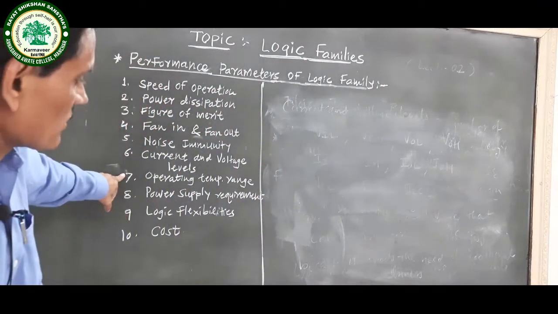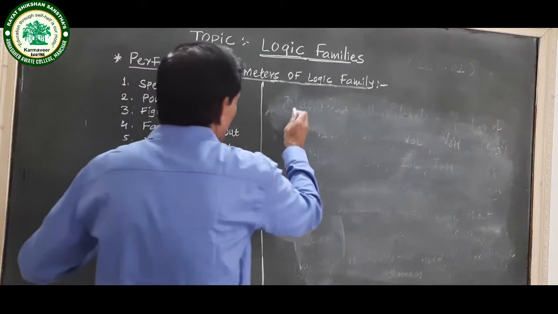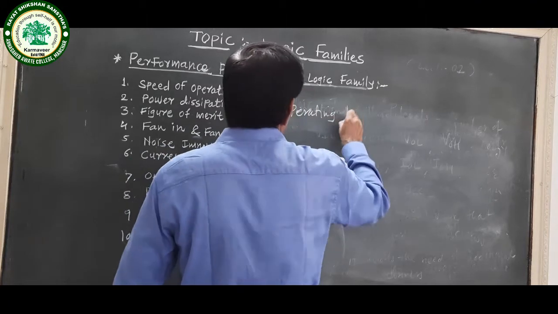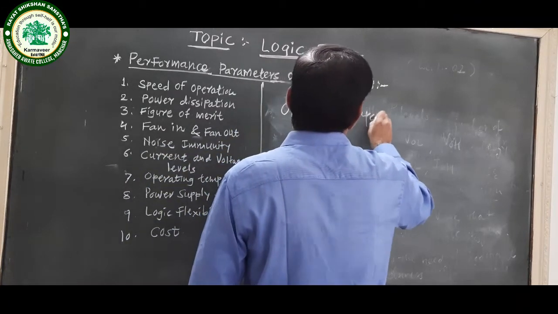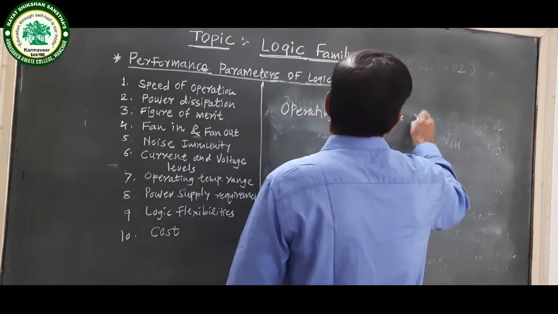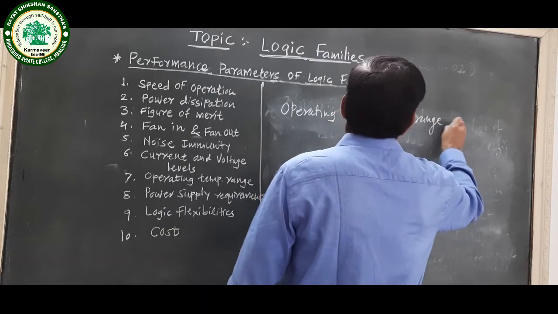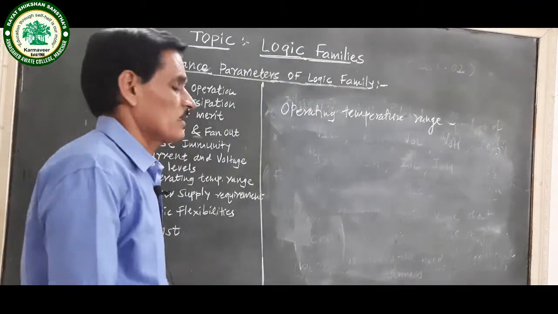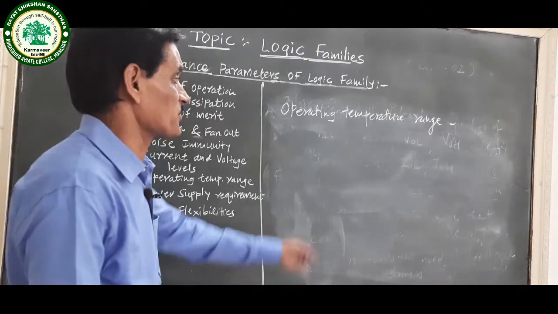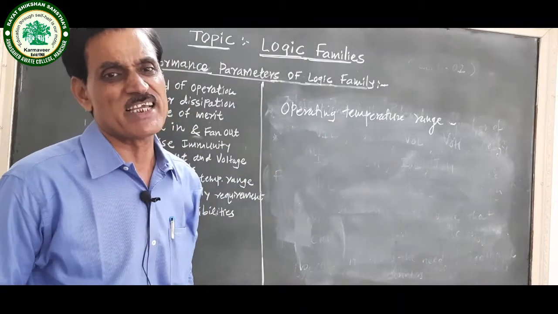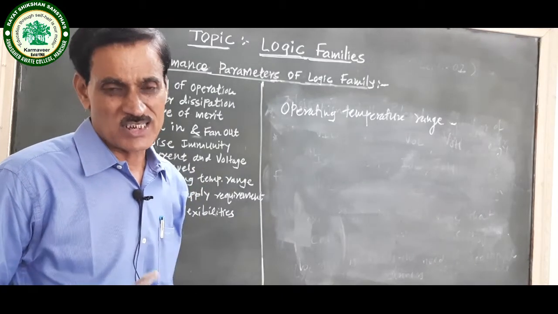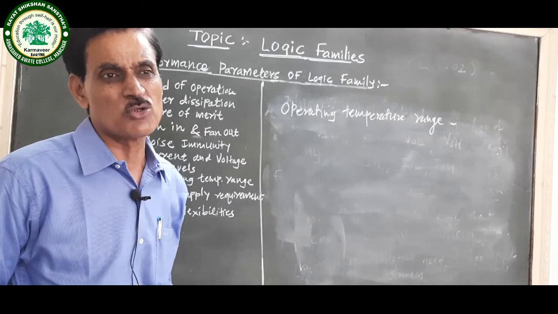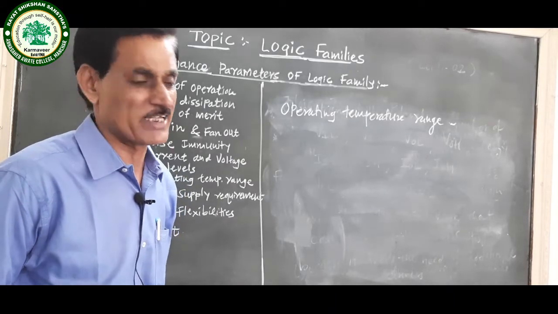Then the next parameter is nothing but the operating temperature range. Whenever you are using digital ICs in the design from various logic families, their operating range plays an important role. Generally, 2 operating ranges are provided for consumer and industrial applications.